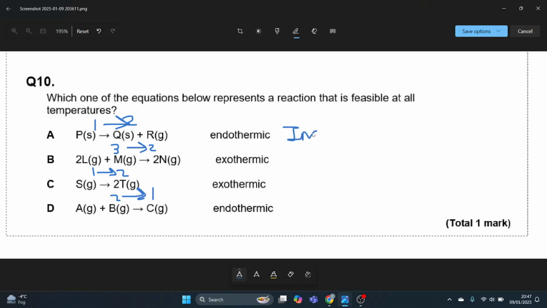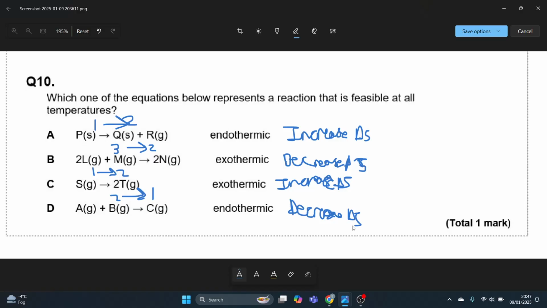So let me just write that down for each one. Increase entropy change. Decrease entropy change. Increase. Decrease. Decrease entropy change.